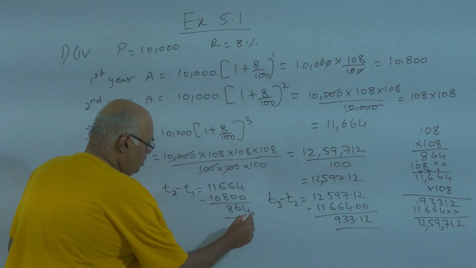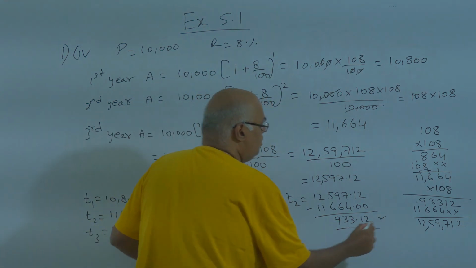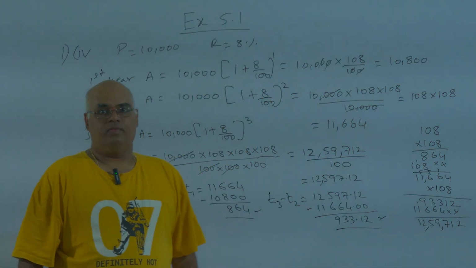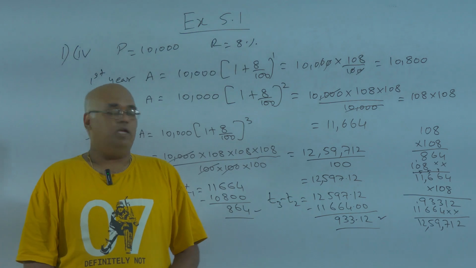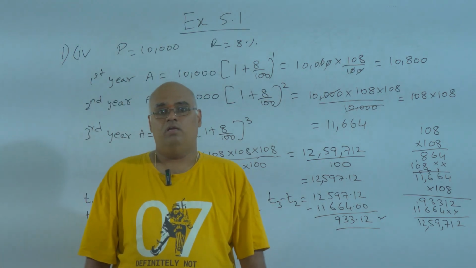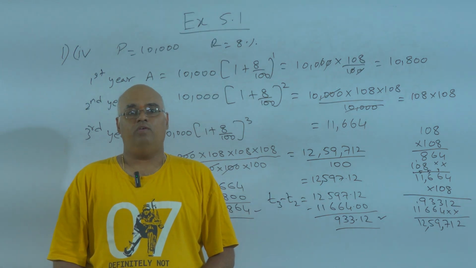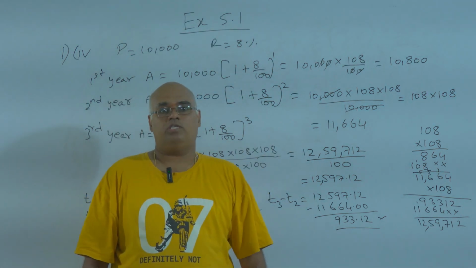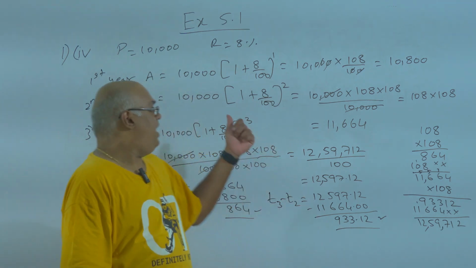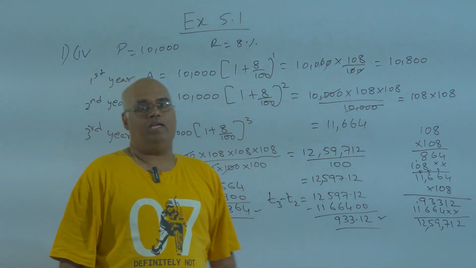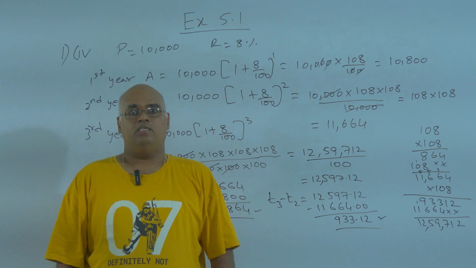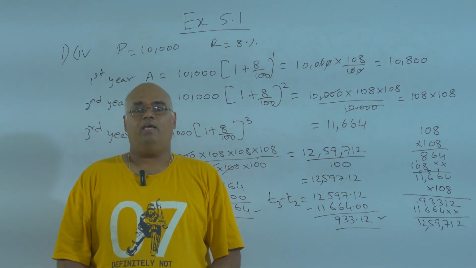These two amounts are nothing but the common difference, and in both cases they are not equal. When the common difference is not equal, you cannot say that the given amounts are in arithmetic progression. So the amounts calculated for the first 3 years are not in arithmetic progression.